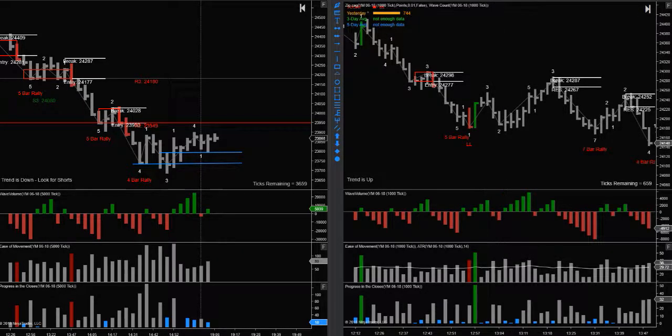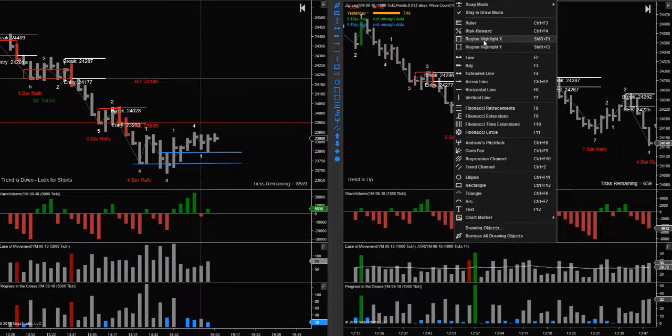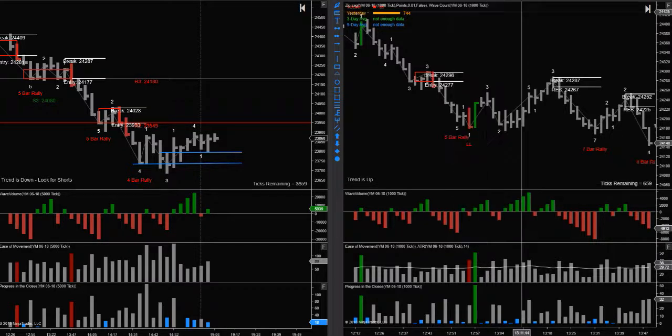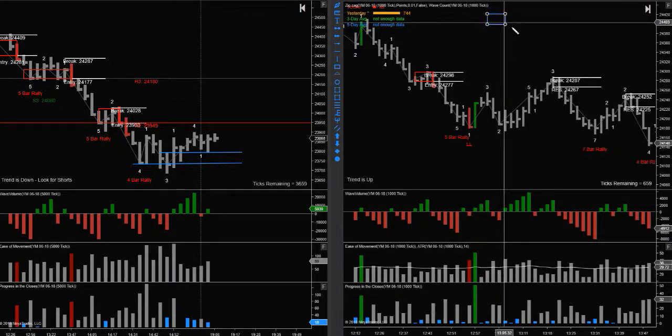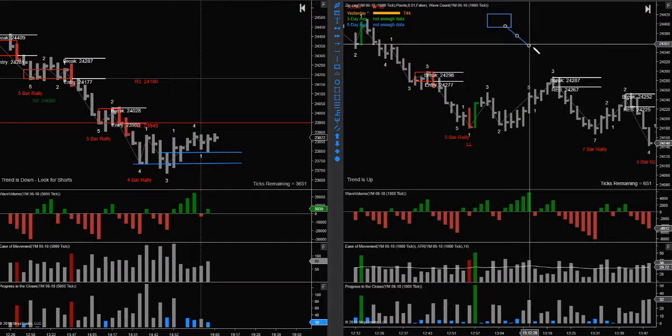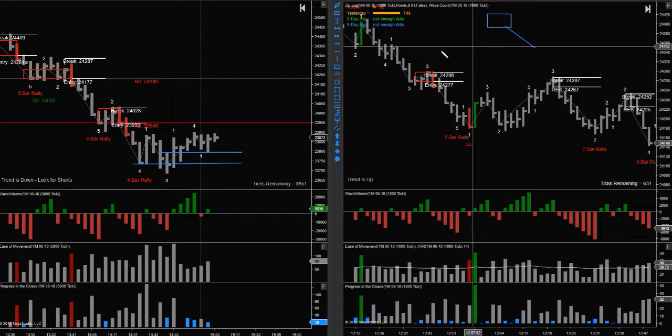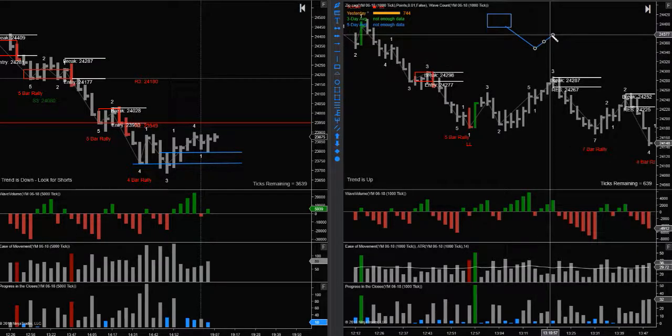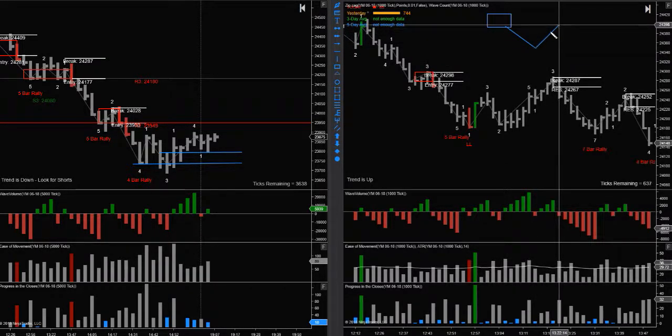And like I explained, the model that I have in my mind is that there's distribution, there's some markdown, and they're gonna go back on here, and they're gonna sell some more.